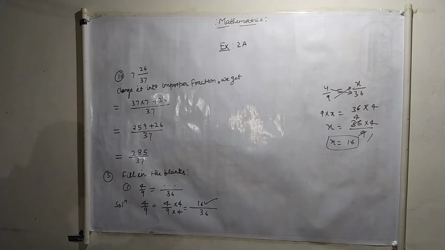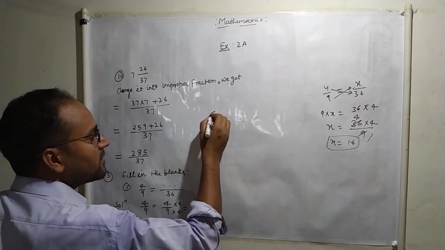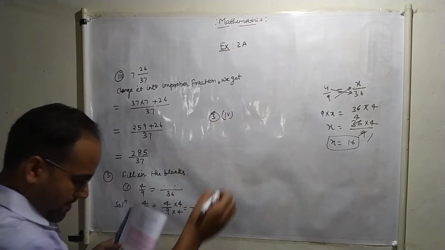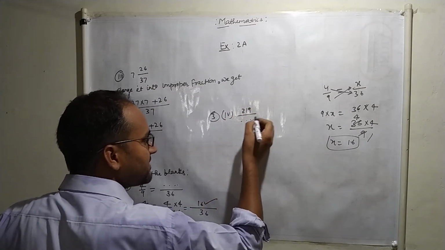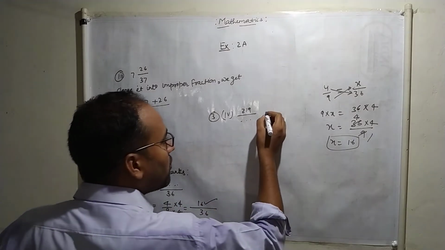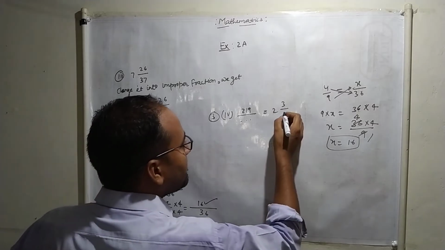Next one is question number 3, part 4. 219 upon dash, 2 whole 3 by 35.